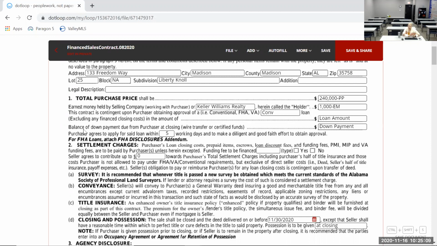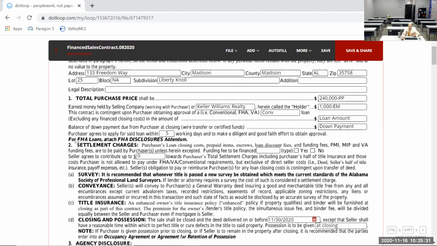They don't see a problem with bringing cash to the attorney's office, and they don't see a problem with just writing a personal check because they know it's good. And that's just not how we can do it here. We have to have wired funds or certified funds at closing. Any questions about that?